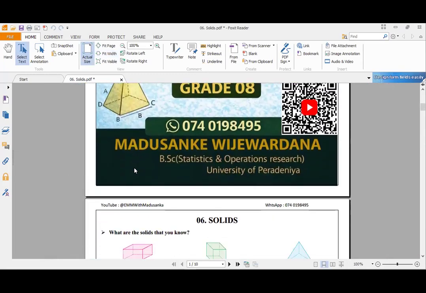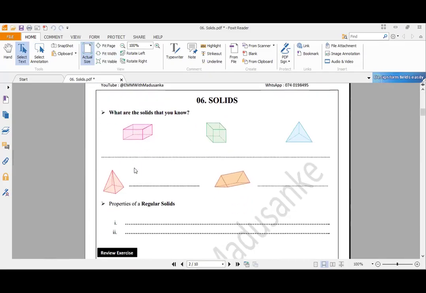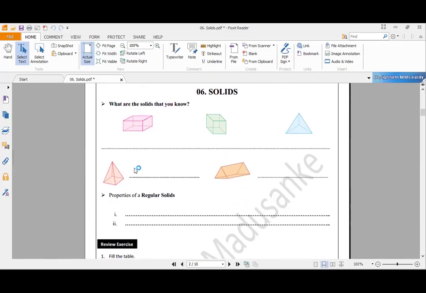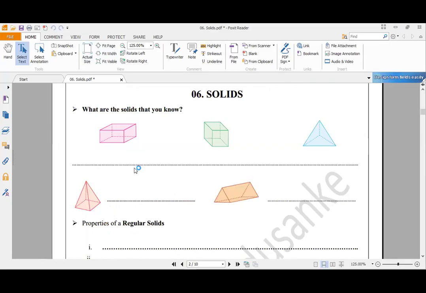This is the cube, this is the cuboid, tetrahedron, square pyramid, and this is called the triangular prism.